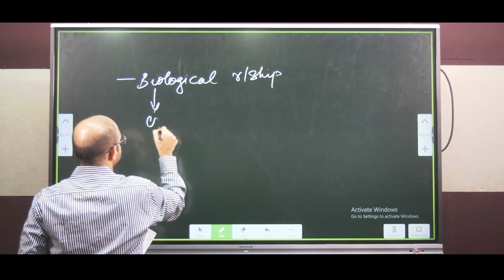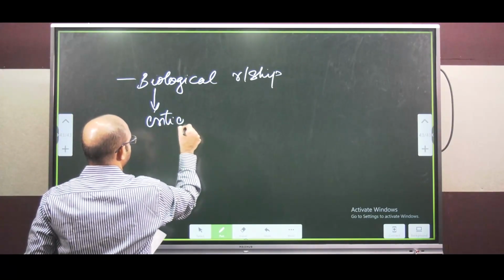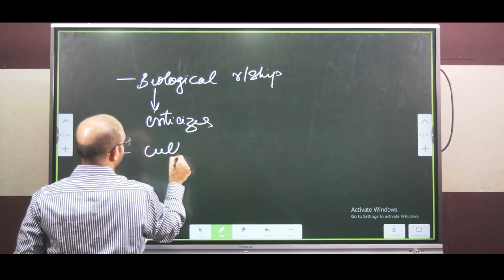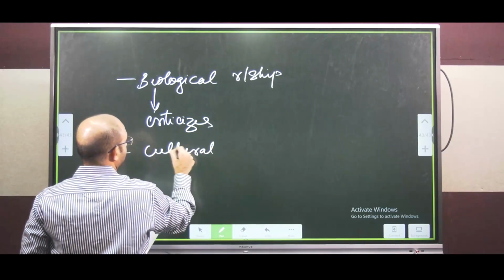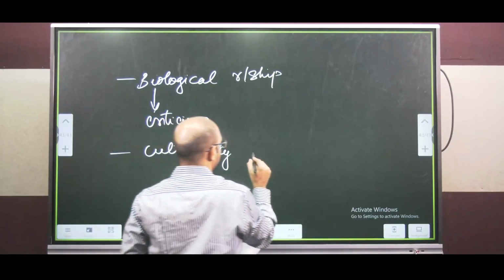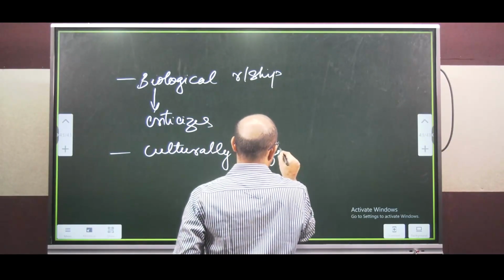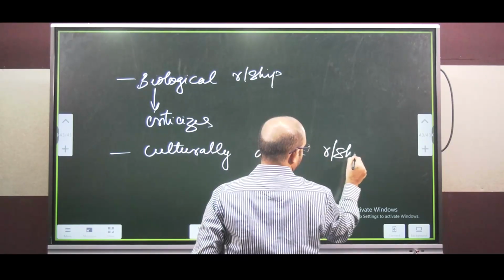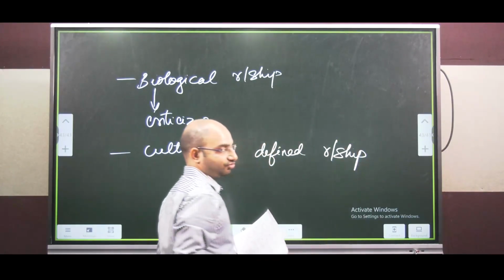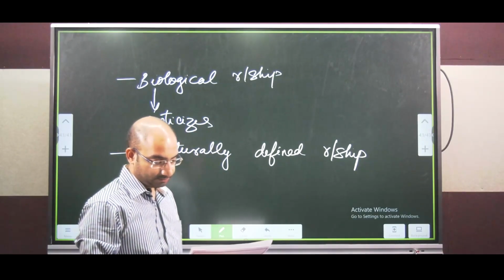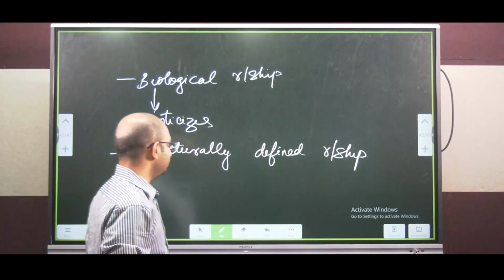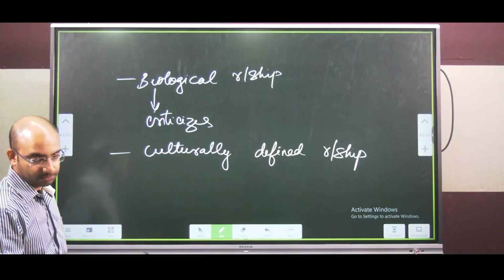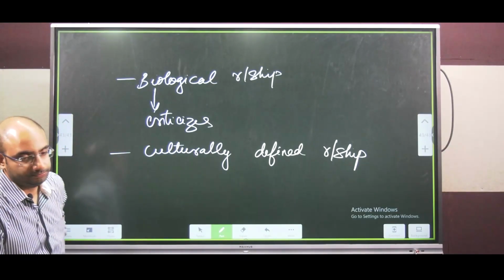He criticizes this, and instead he says kinship should be studied as a culturally defined relationship. Who we consider as kin depends on the kind of cultural notion or cultural meaning we attribute to kinship. That is the point he tries to make.